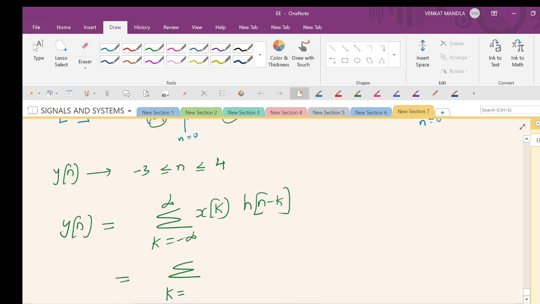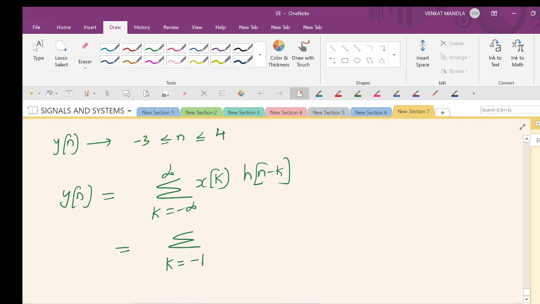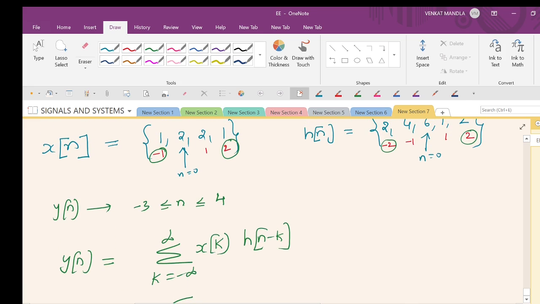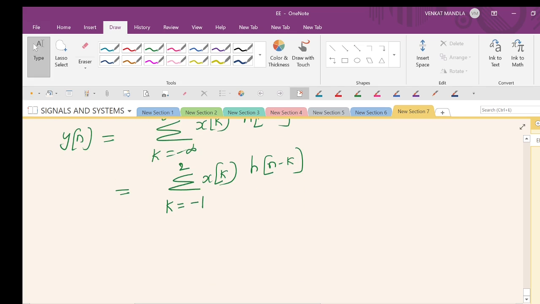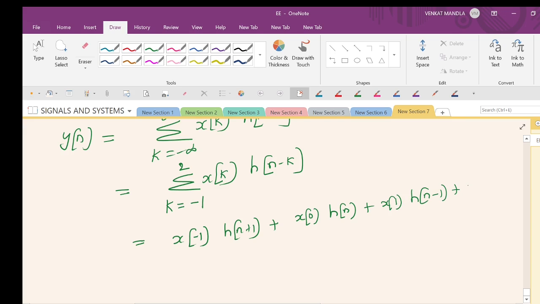The lower limit of k is minus 1 and the upper limit is 2. If you want, you can expand this: x of minus 1 h of n plus 1, plus x of 0 h of n, plus x of 1 h of n minus 1, plus x of 2 h of n minus 2. That's it. This is y of n.